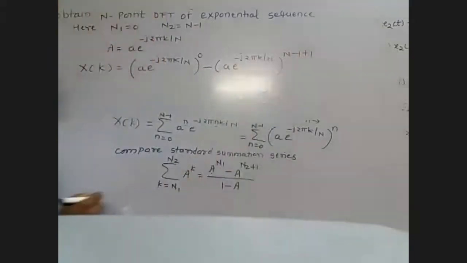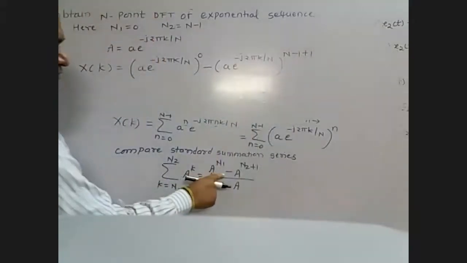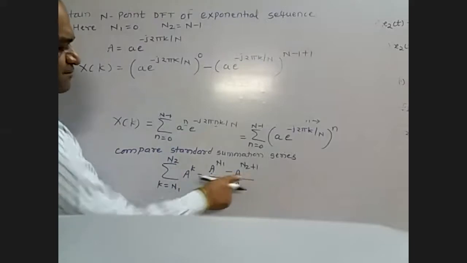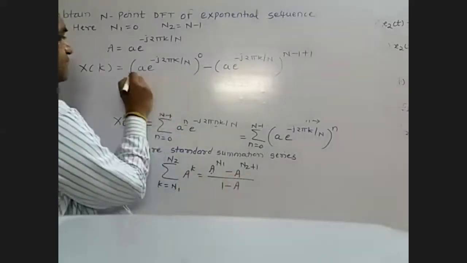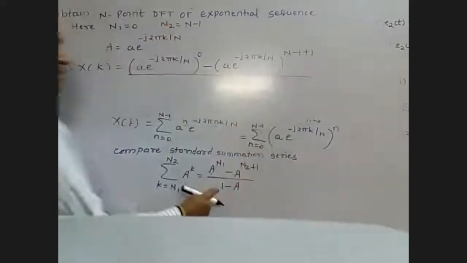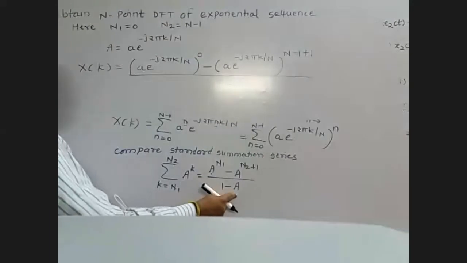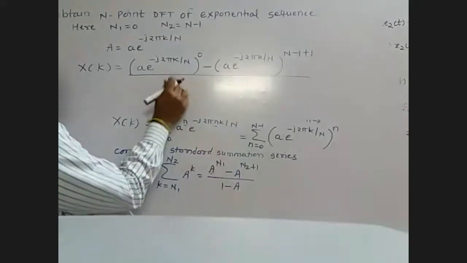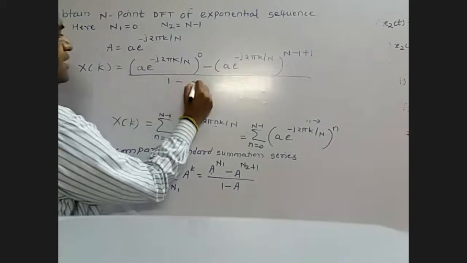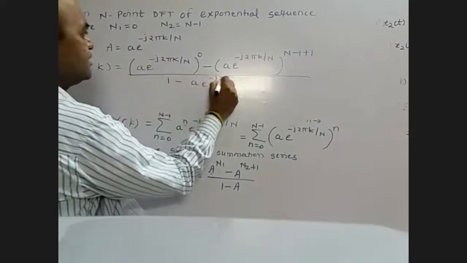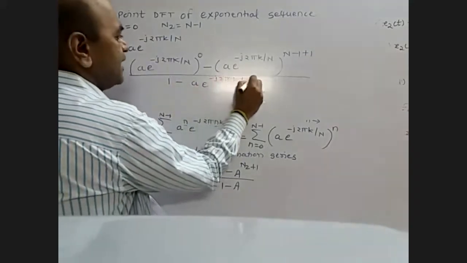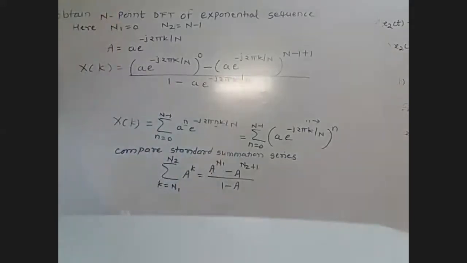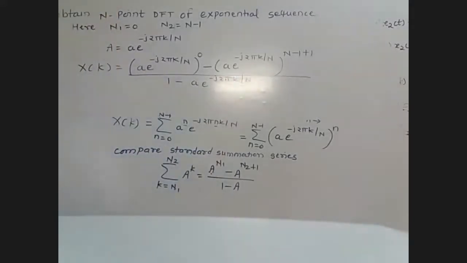So this term will be there. So this term is completed. This is the numerator term. So I now go for the denominator term. 1 minus a. A is nothing but this one term, a e raised to minus j 2 pi k by n. Okay. So this term will be coming in the denominator.